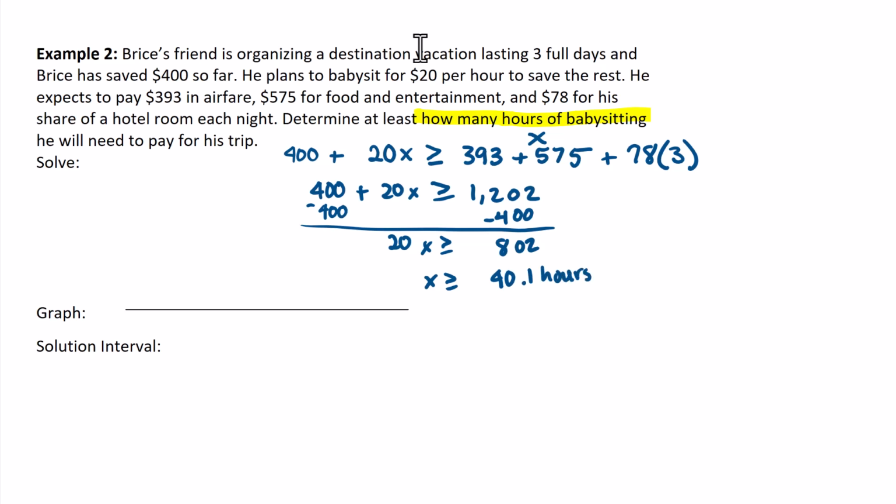If we graph this, it will be including 40.1 with an arrow to the right because more hours doesn't hurt, and our interval will be a left bracket, 40.1, comma, infinity, and a right parenthesis. This means that he'll need to babysit for at least 40.1 hours to pay for his vacation.